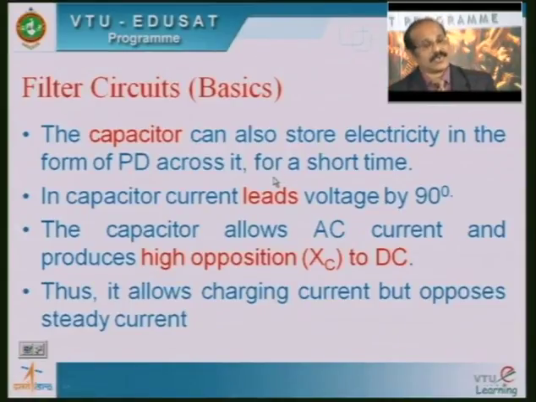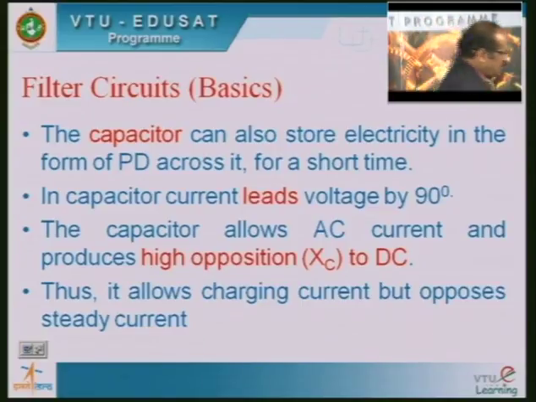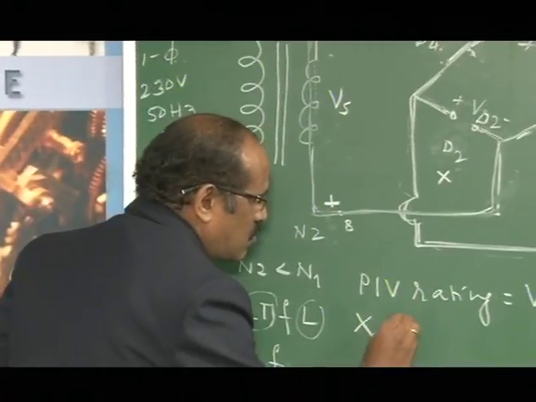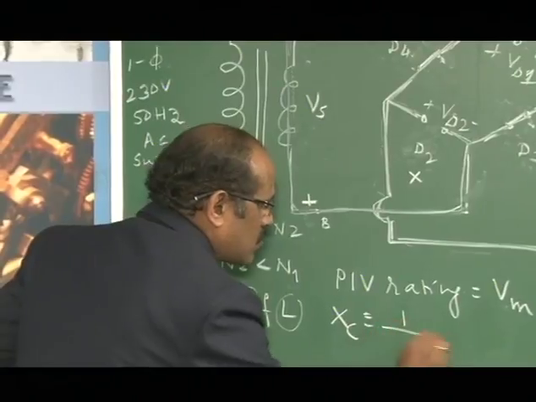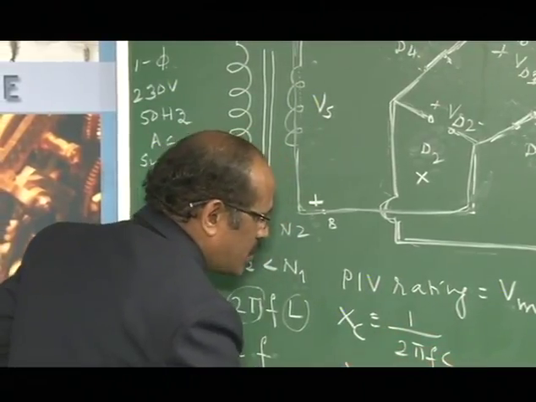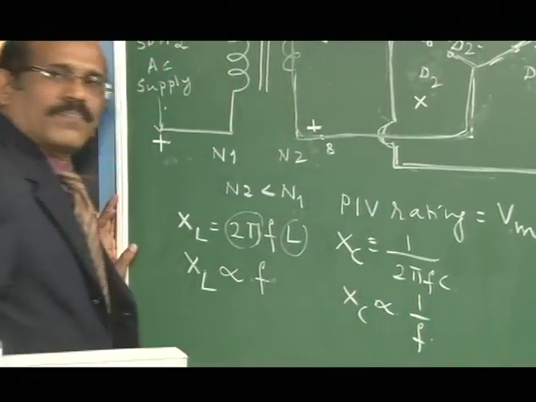Unlike the inductor, the capacitor current leads the voltage by 90 degrees, and therefore the capacitor allows AC current but produces high opposition to DC. As you know, XC, the capacitive reactance, is equal to 1 by 2 pi f C. From this we can note that XC is inversely proportional to the frequency.